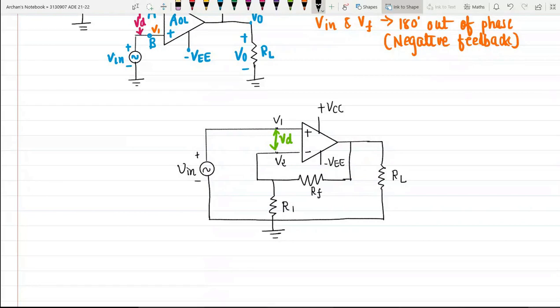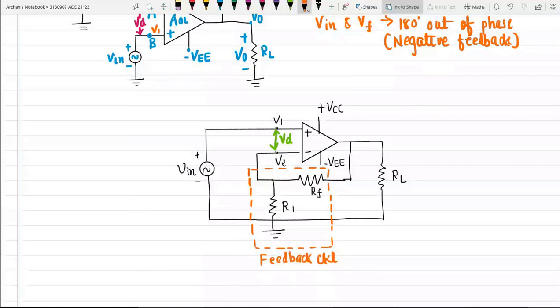If you see these two resistances, if I talk about this block, this is nothing but the feedback circuit, and this typical configuration is known as voltage series feedback amplifier.